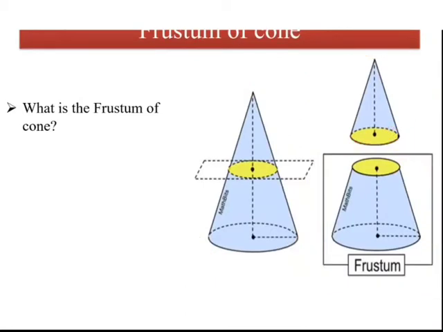So this portion indicates the frustum of a cone, which contains two circular parts at top and bottom, which have different radii.